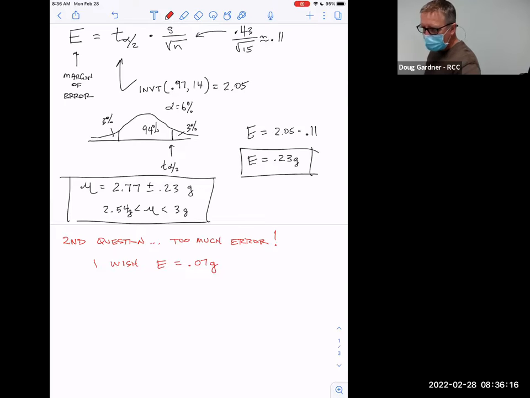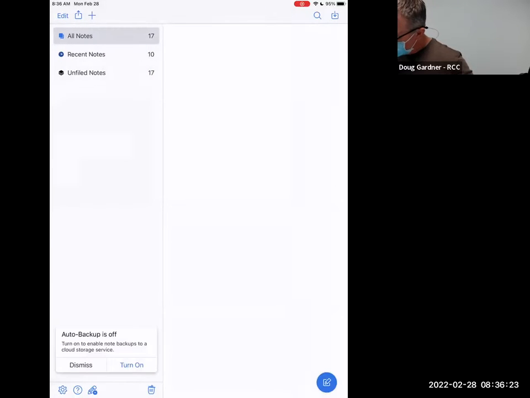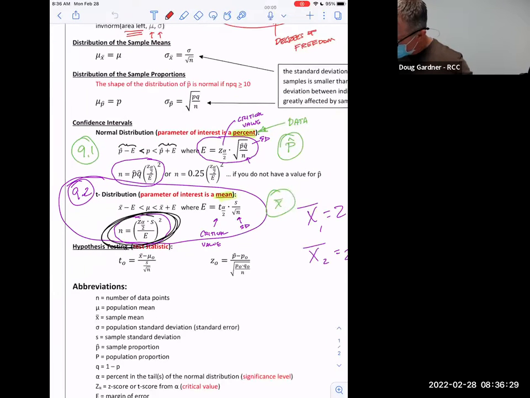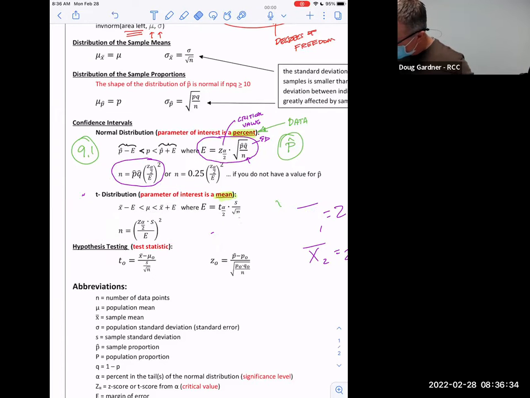We're disappointed in that. Do we have any control? Is there anything we could do with this second question? Take a look at your note sheet. Let me clean it up a little bit from last time.